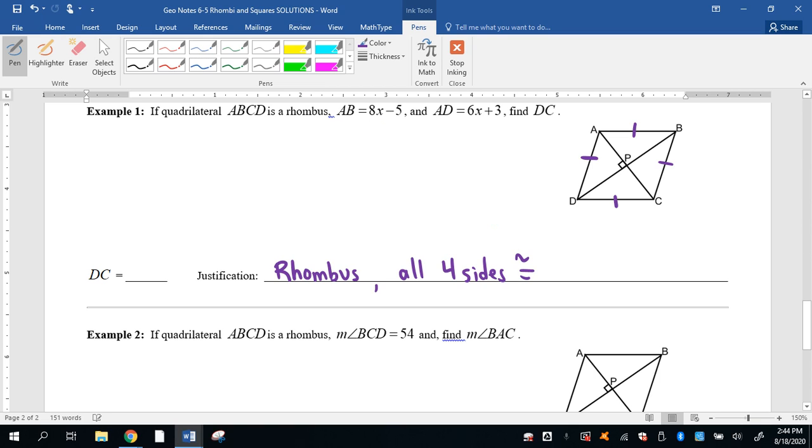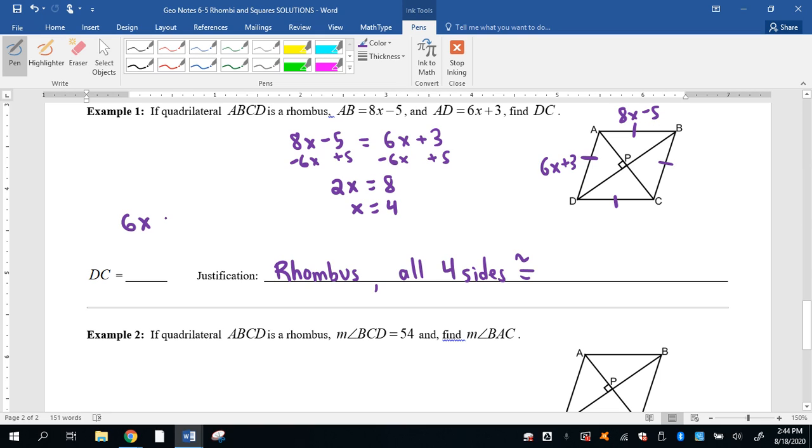Therefore, if AB is 8x minus 5 and AD is 6x plus 3, we can set those equal to each other and solve for x. So we have 2x equals 8 and divide both sides by 2. So x is 4. So DC is going to be the same as those other sides. So you can either use 6x plus 3 or 8x minus 5. Both will give you the same answer. 24 plus 3 is 27.